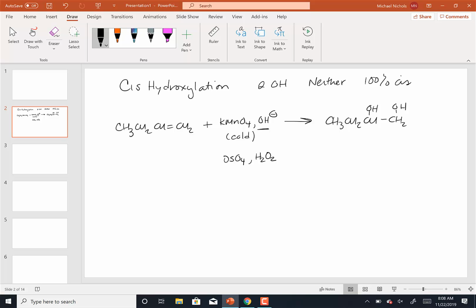The cheaper method is to use KMnO4. Potassium permanganate is the purple reagent that you maybe used in general chem when you did iron titrations. It's dirt cheap. You can go to the pet store and buy it for your aquarium, because it's one of the reagents used to clear cloudiness in an aquarium.